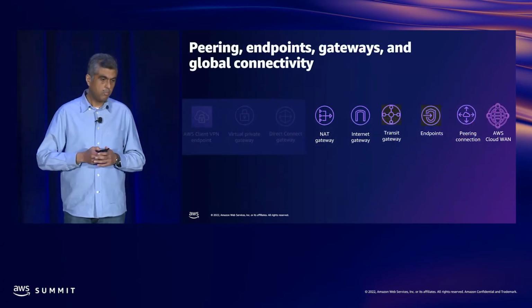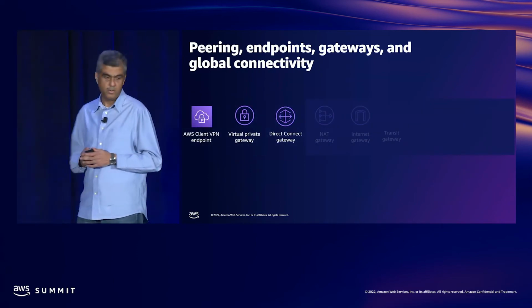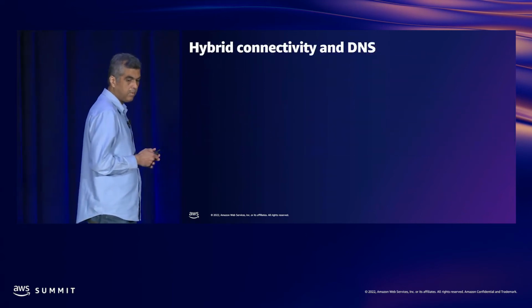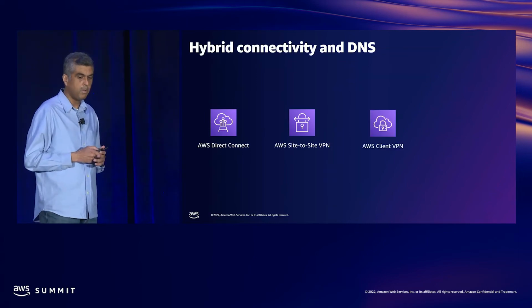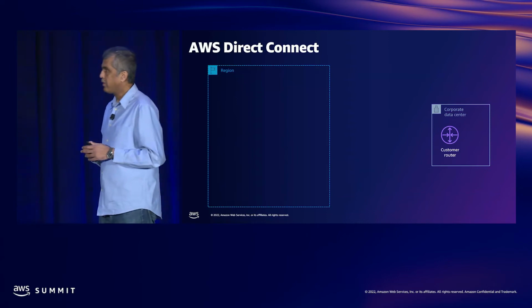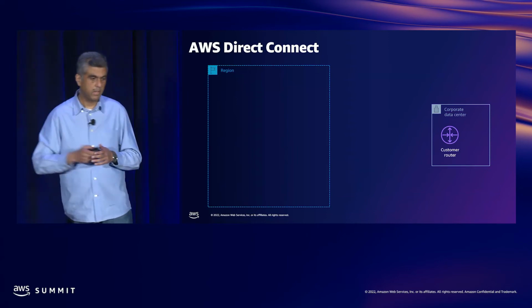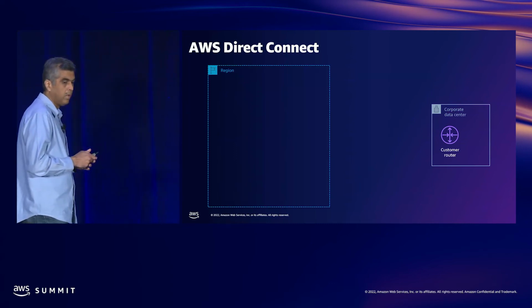So now let's move on to some of the other constructs here, especially on the private connectivity side. So first one is on the hybrid connectivity, where let's say you have a requirement from your on-prem where you would want to connect into AWS, but you don't want to use public connectivity or anything like that. You want a private, dedicated connection into AWS.